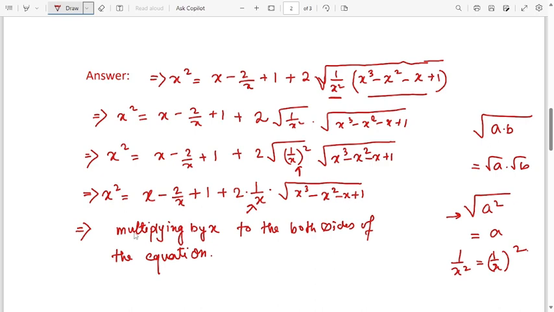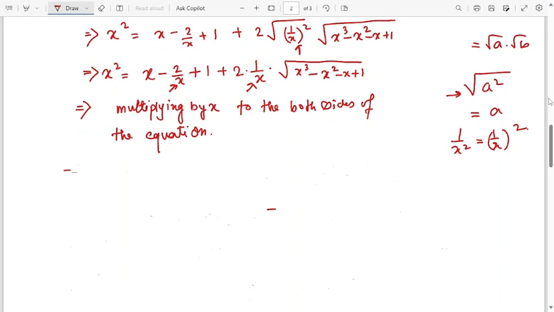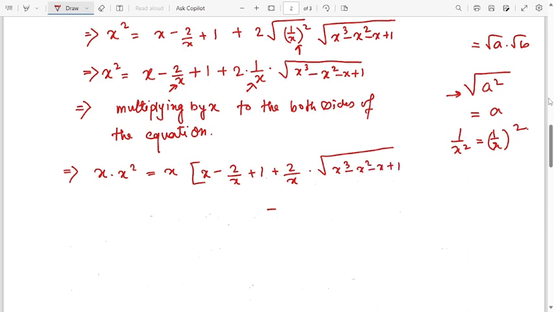Here is also x in the denominator. We want to get rid of this x. That's why we are doing this operation. Our next step is that x times x square, x times x minus 2 by x plus 1 plus 2 by x times square root of x cube minus x square minus x plus 1.